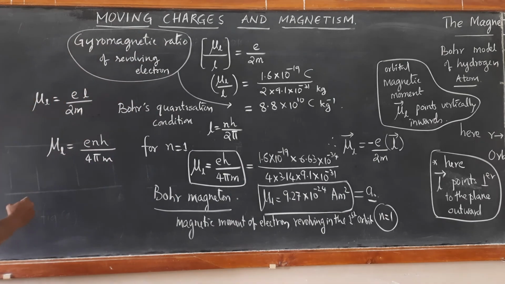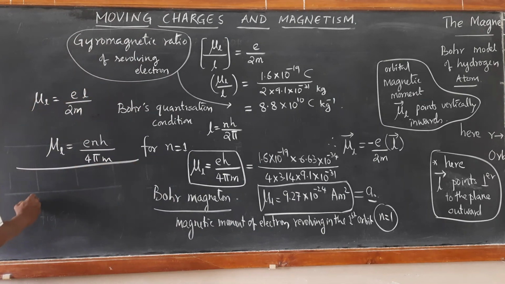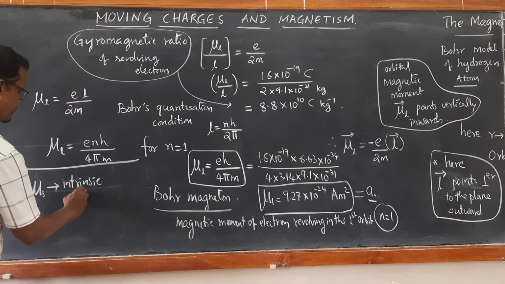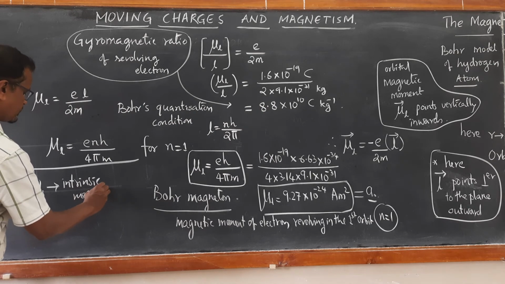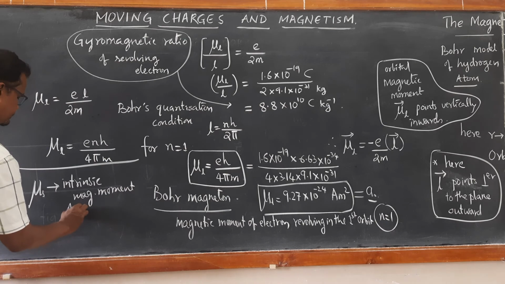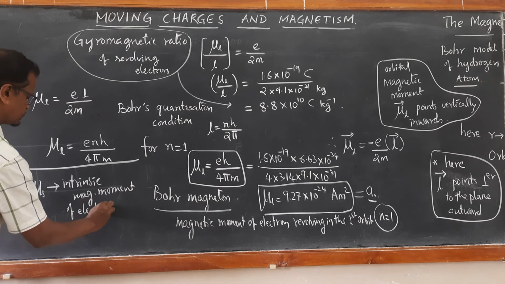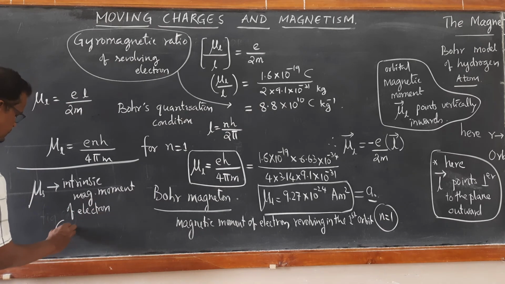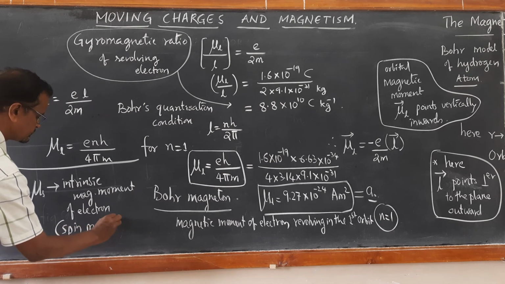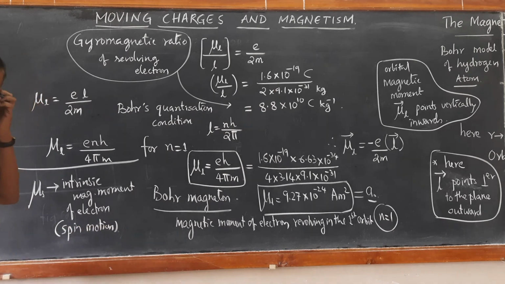Here mu s is the intrinsic magnetic moment of the electron, and this is due to spin motion.